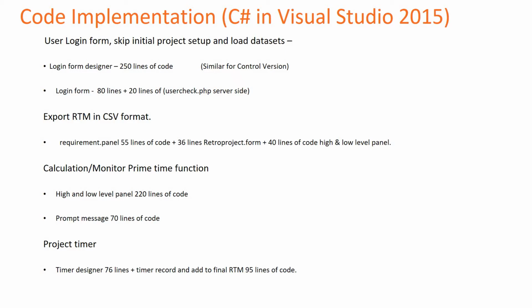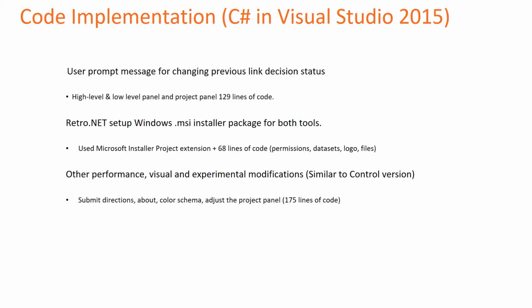Then exporting the RTM involved adding functionalities in several different components of the Retro calculation and the prime time. These are the other added functionalities, with the lines of code each required.